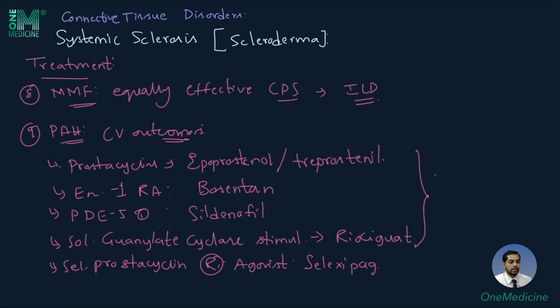All these have been tried and they are shown to improve the symptoms in patients with pulmonary artery hypertension, especially the cardiovascular symptoms, but the usage of them is limited to individual preference.